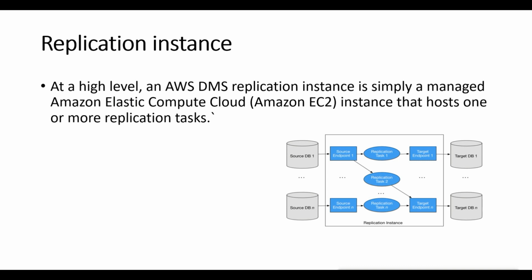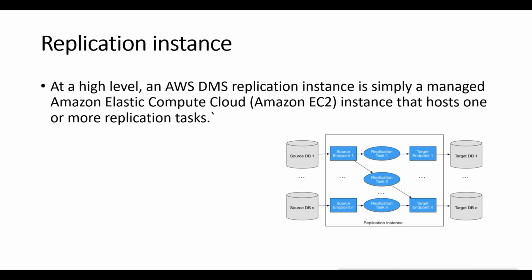When you create an AWS replication instance, AWS DMS creates a replication instance on an EC2 instance in an Amazon VPC. You use this replication instance to perform database migration. The replication instance provides high availability and failover support using a multi-AZ deployment when you select the multi-AZ option.